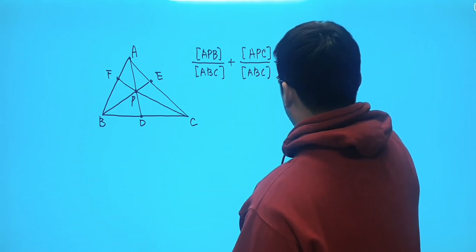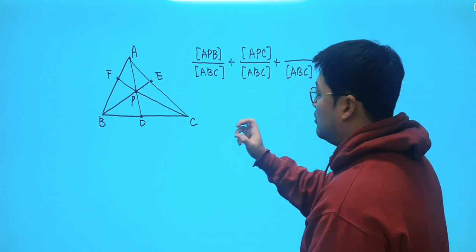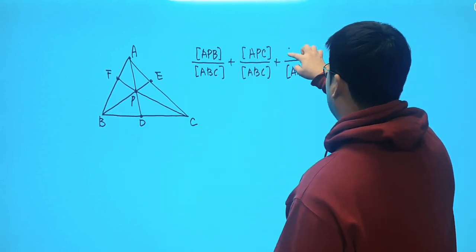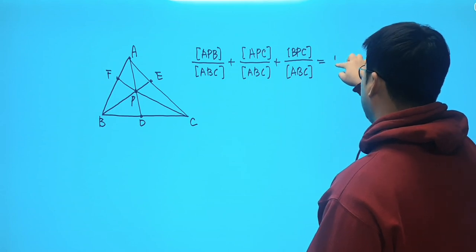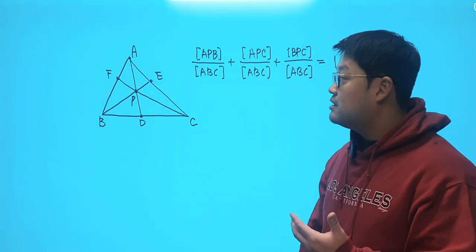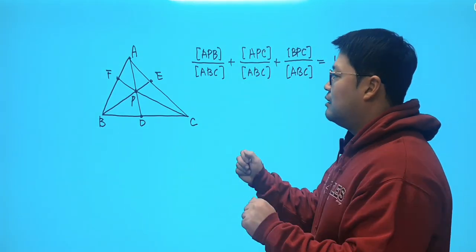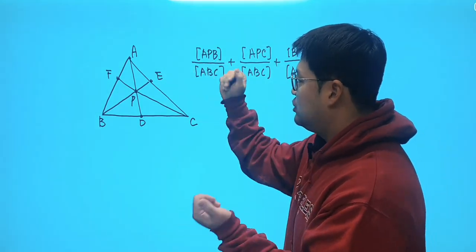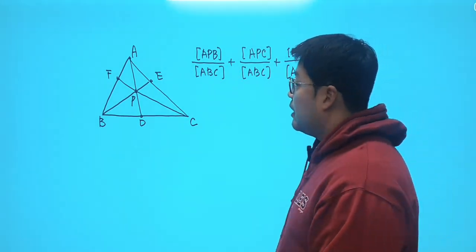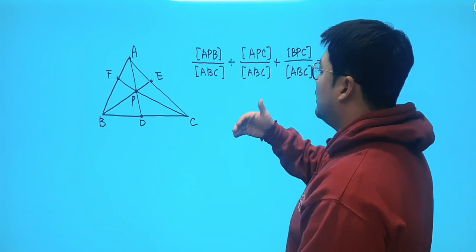And at the same time, we get BPC out there. So BPC, and if you add them up, it all becomes one. So it's an obvious thing. We got just three slices of pizza that are all pairwise adjacent to one another, and it makes a triangular pizza, so to speak.